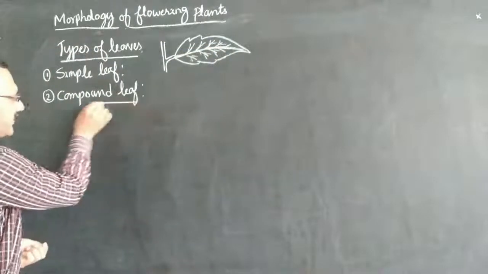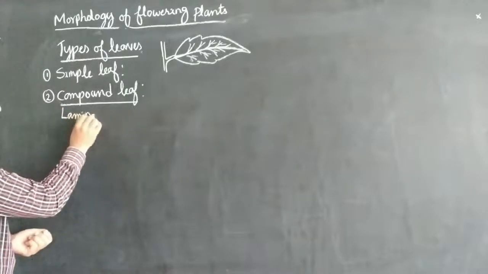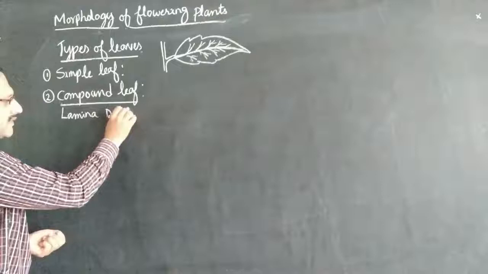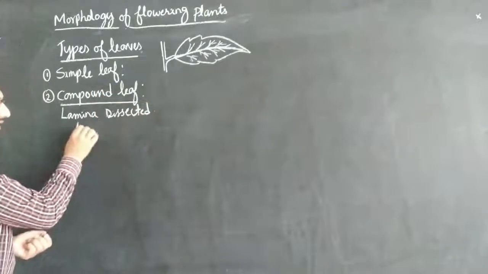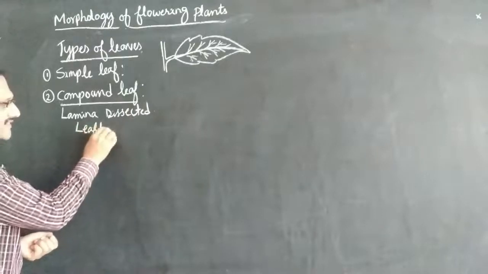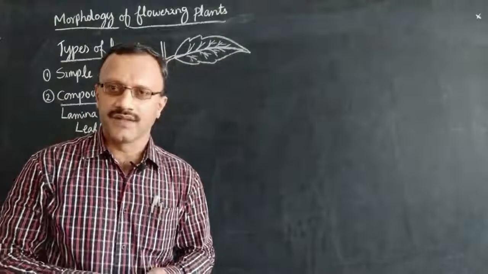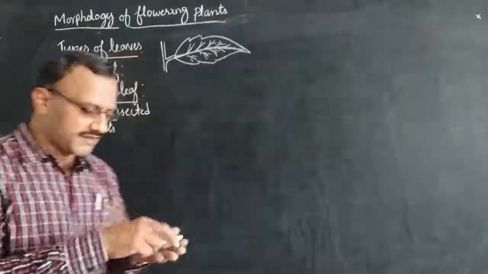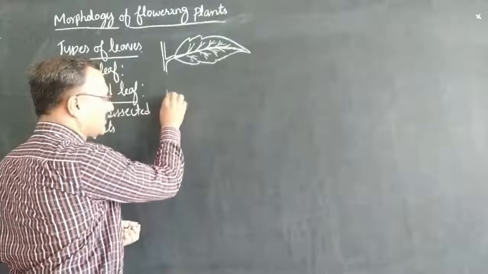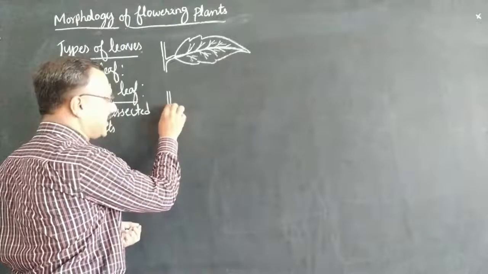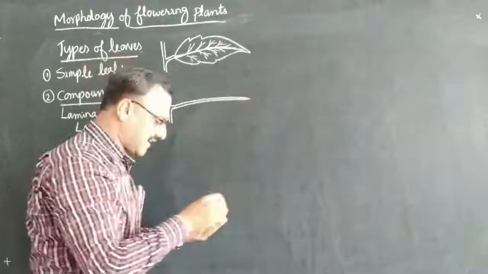Whereas in a compound leaf, the lamina is dissected into smaller units called leaflets, like you have seen in case of coconut leaf or curry leaf or drumstick. Let me show here. It shows the midrib in the form of a long axis called primary rachis.